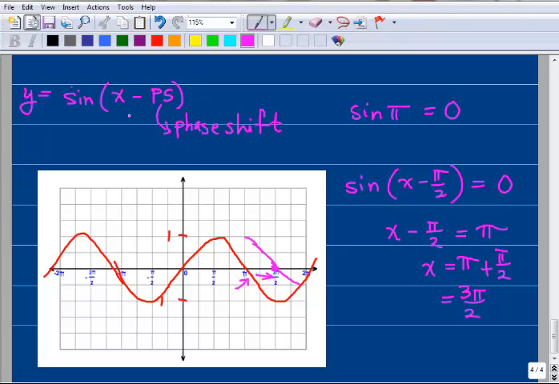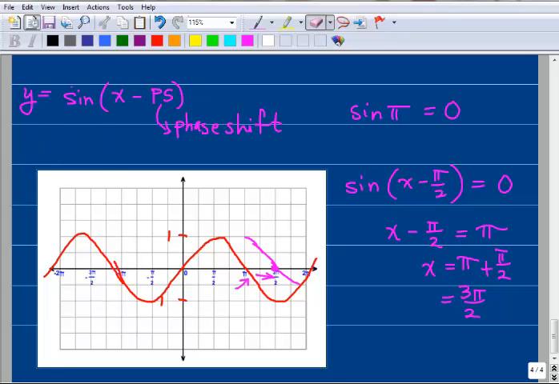If I see x minus a constant, the phase shift will be to the right. If I see x plus a constant, the phase shift will be to the left. So it's in the opposite direction from what you see in the equation.